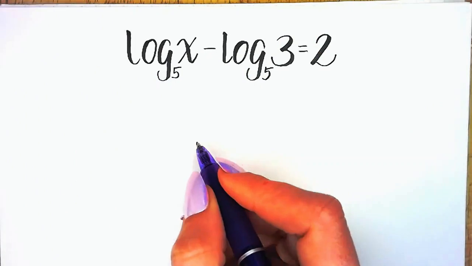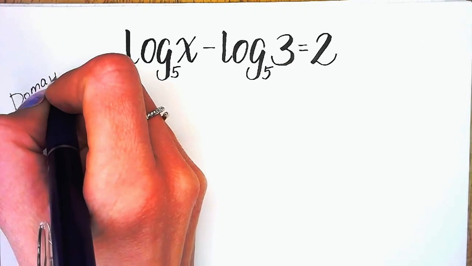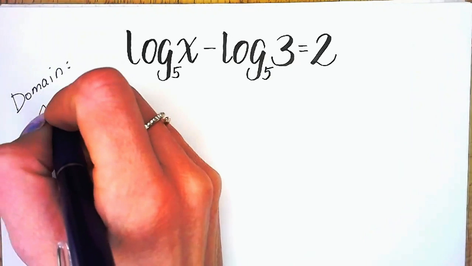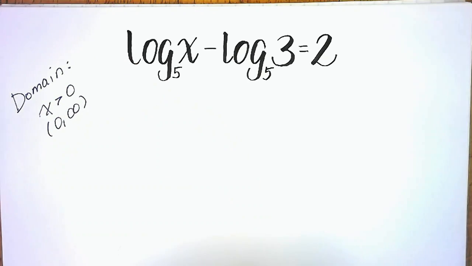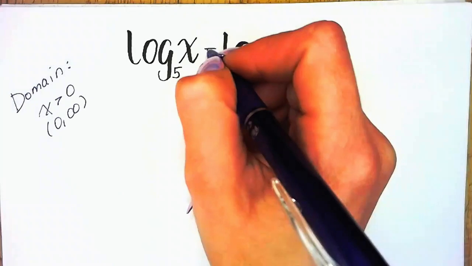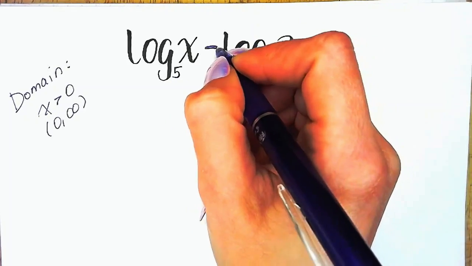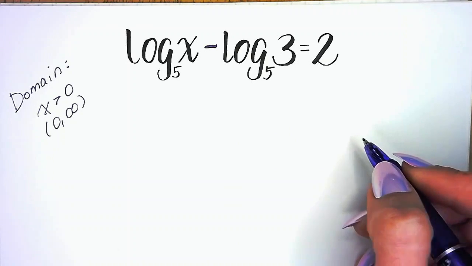What's the domain for this example here? All positive numbers. When we have log of a value minus log of a value, what property can we use to bring these two terms together as a single logarithm?